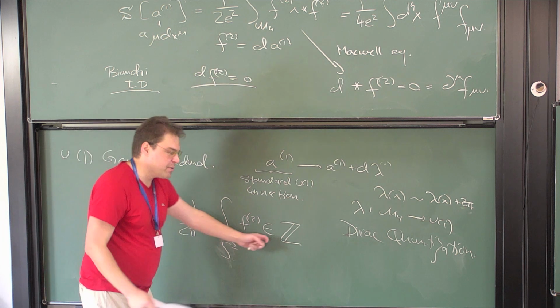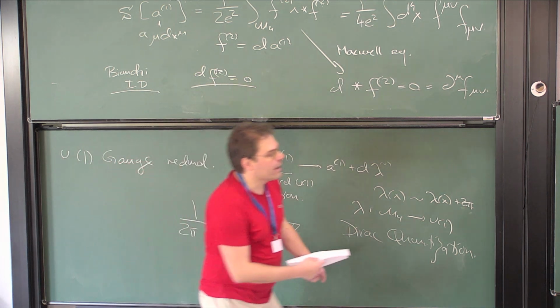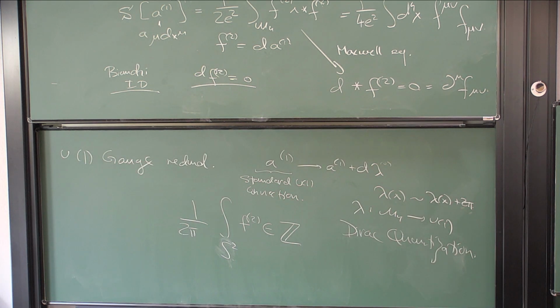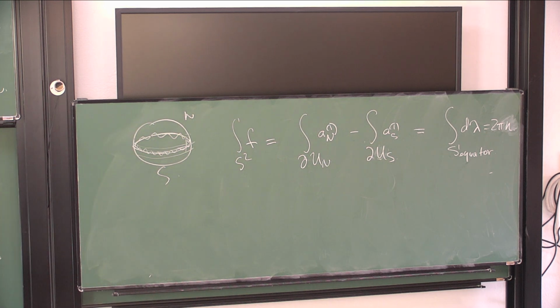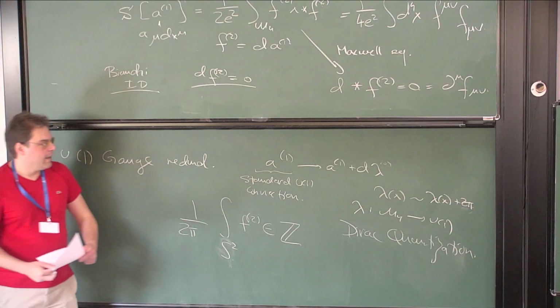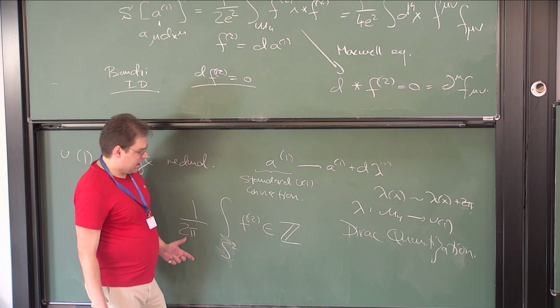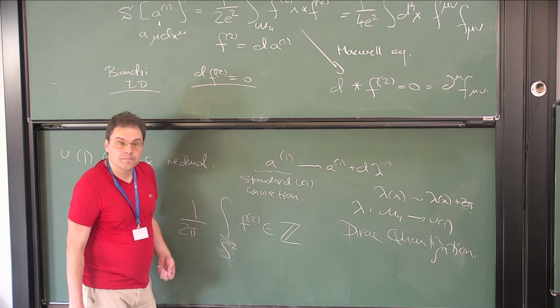And this winding number is precisely the magnetic flux. Sorry, I forgot a 2 pi. This is 2 pi, because the conventions for my lambda are the standard physics conventions. They're annoying, they have 2 pi's everywhere, but we live with them. And that means that the integral of F is 2 pi times an integer.